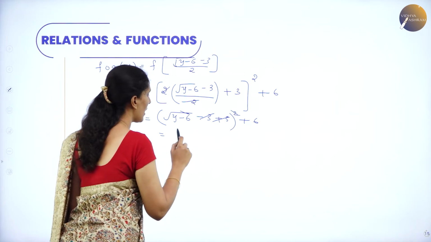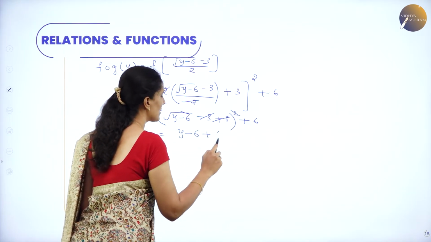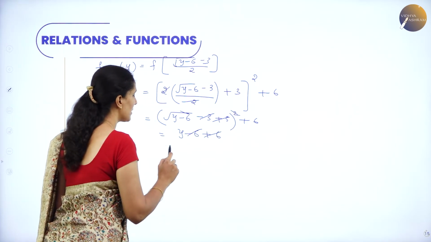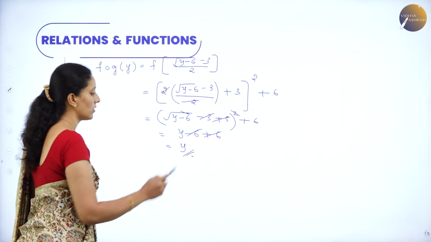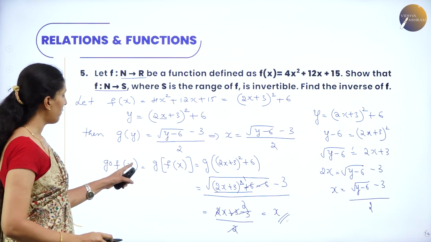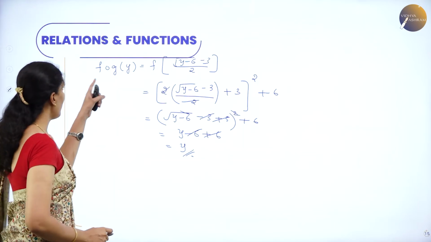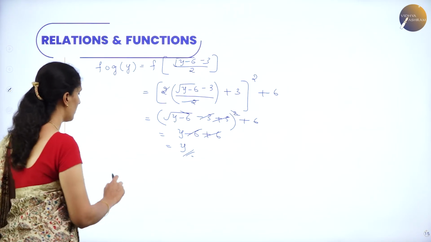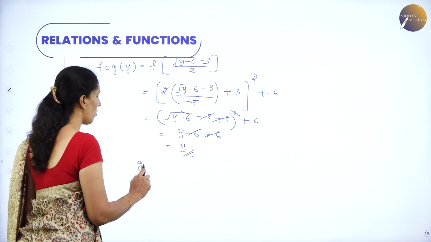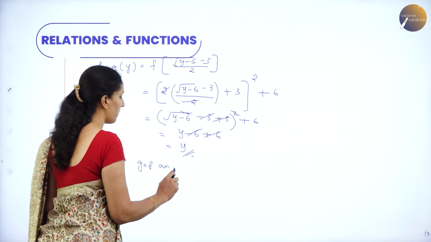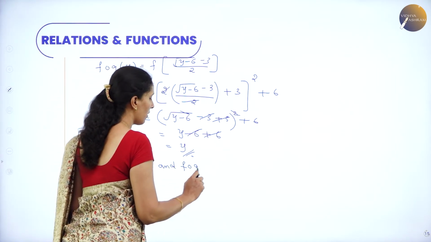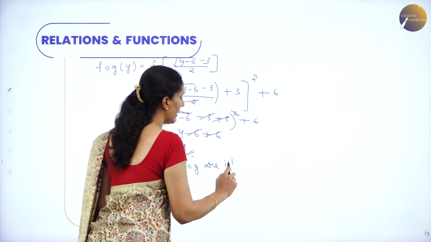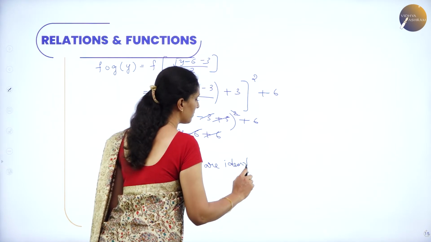Square root and square cancel. y minus 6 plus 6 we have. Minus 6 plus 6 cancels. So y we got. So we got g naught f of x as x, f naught g of y as y. So therefore g naught f and f naught g are identity functions.